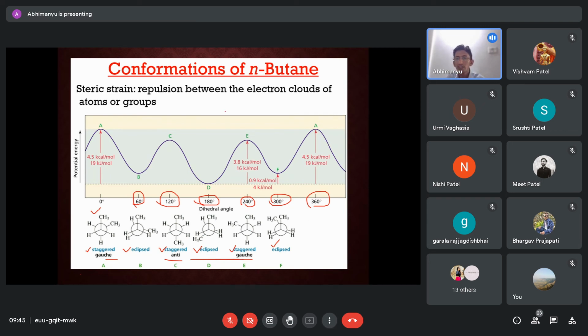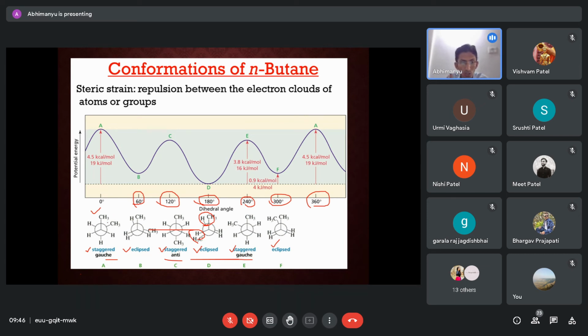Or in other words, in the eclipse structure the repulsion between one atom and group is very high, and hence the potential energy or stability of the molecule is very less, and hence the stability of the eclipse structure is very less.